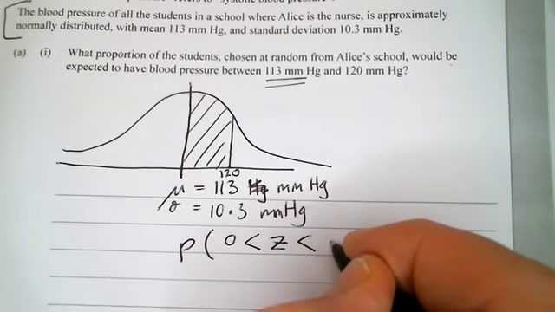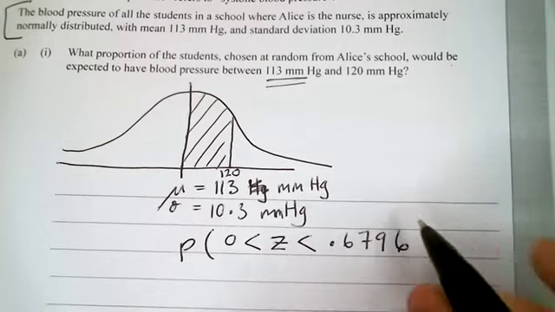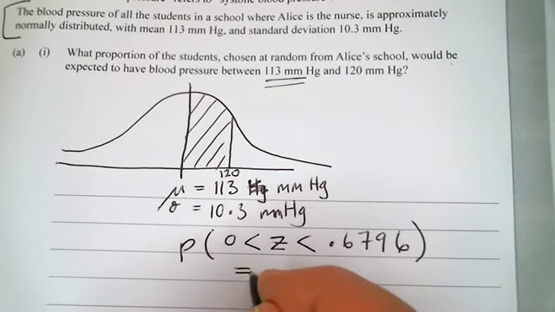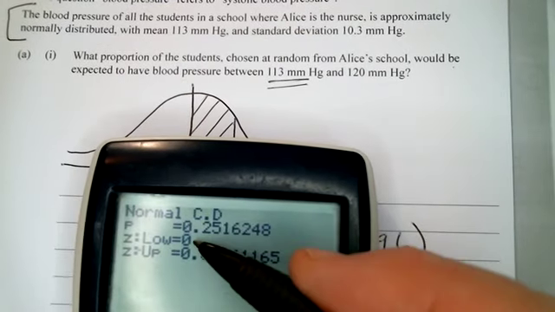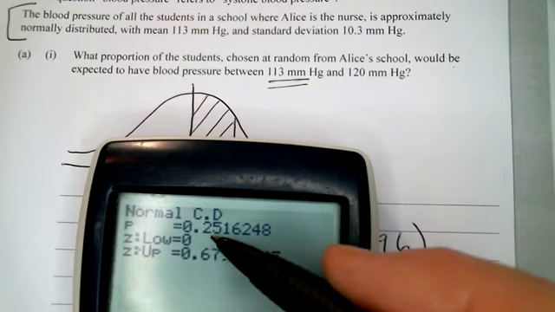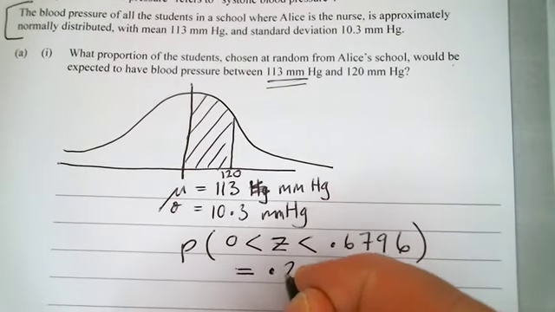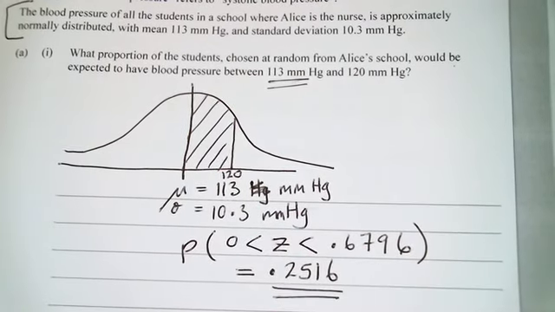And you've got 0.6796, which is what 120 is. And that's going to be equal to, and I'm just taking this straight off the screen here, folks. So here's my 0, here's my upper limit, and I've got 0.2516. And that is the probability thereafter.